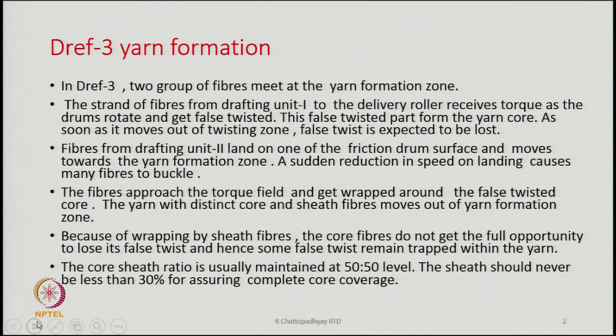Now, one issue that we should know is that as the fibers land on the drum surface, the fibers get buckled, because their approaching velocity is much more than the velocity of the roller surface. So, most of the fibers which are ultimately going to form wraps get deformed by the time they are landing on the surface of the friction drum.